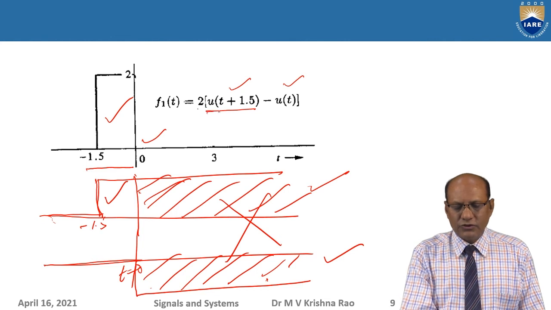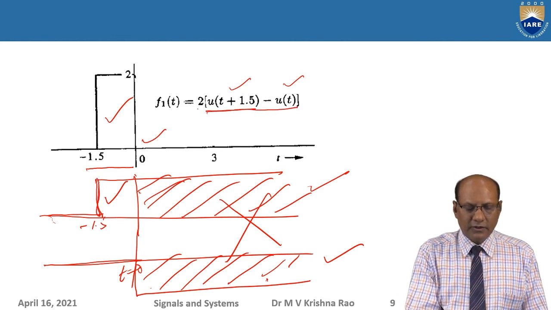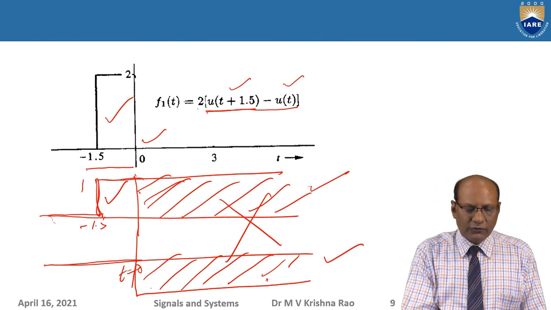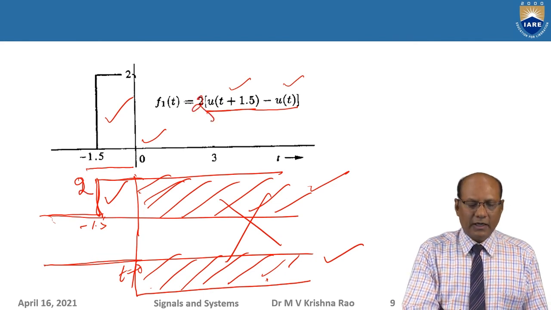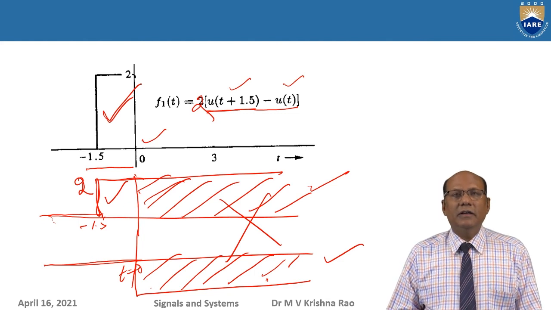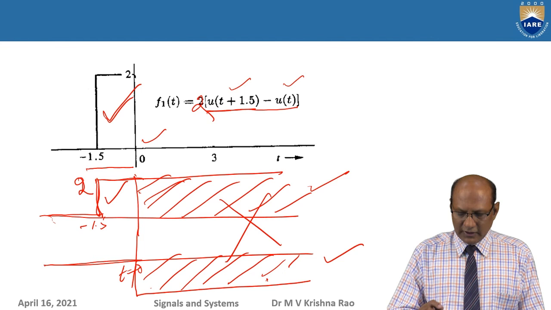You subtract these two, then you will get a pulse. But because both are unit step functions, the height of this pulse is only unity. So if I want to make it 2, I have to multiply this by 2, because the given pulse has an amplitude of 2. Okay, so that's why you will get this.